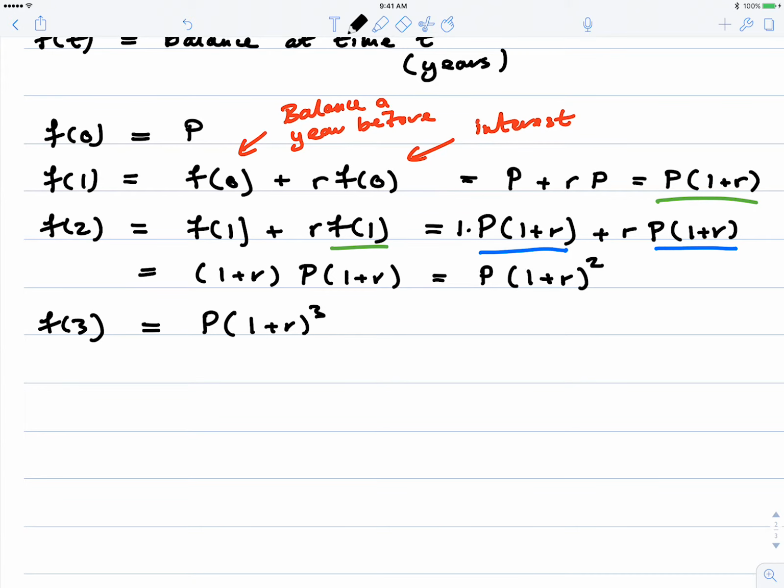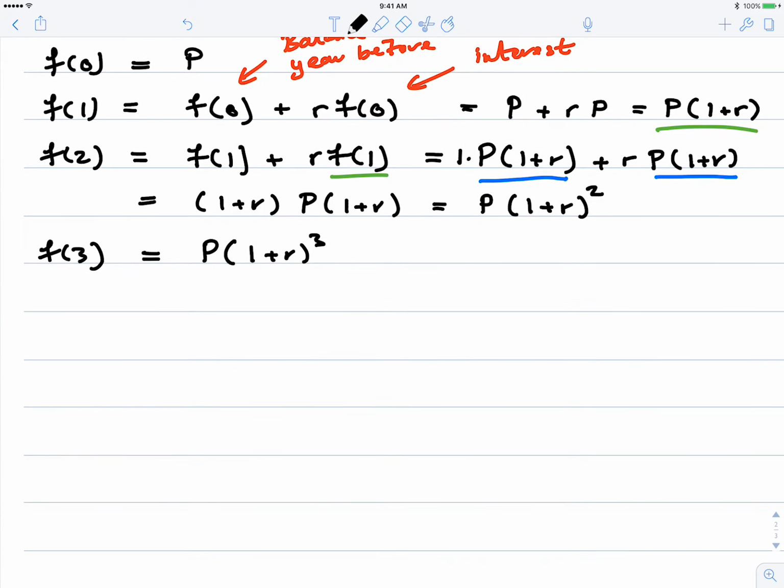And you can probably guess what's going to happen here. If I keep doing this, f at time t is going to be equal to p times 1 plus r all to the power t. Something to be said here is that t has to be a whole number for this truly to make sense. So t is a whole number.